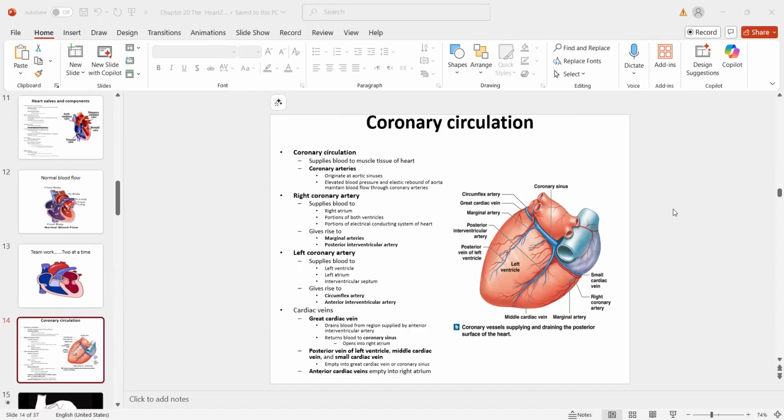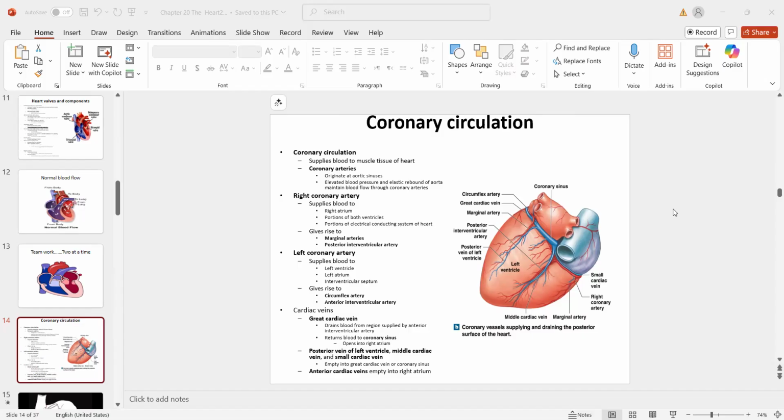In this way, the combination of elevated blood pressure and elastic rebound ensures a continuous flow of blood to meet the demand of active cardiac muscle tissue.